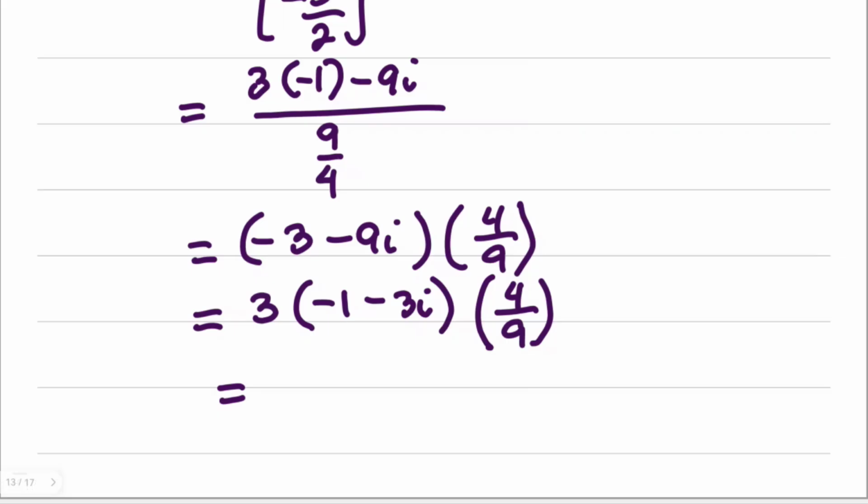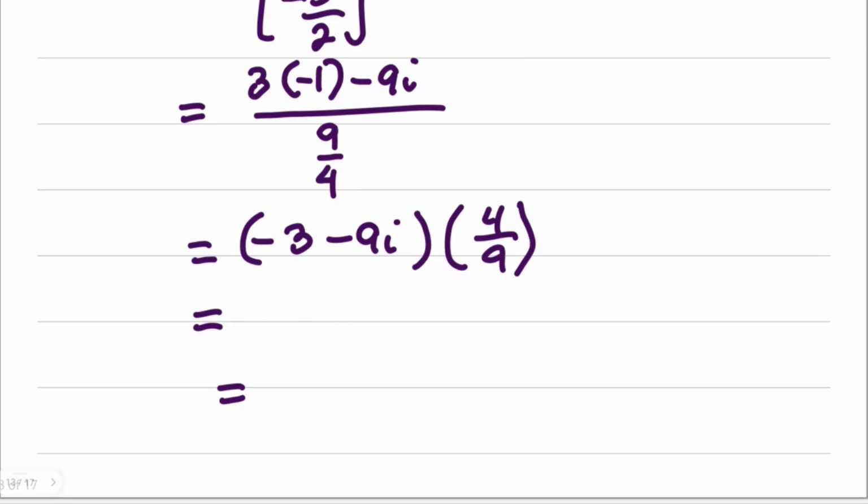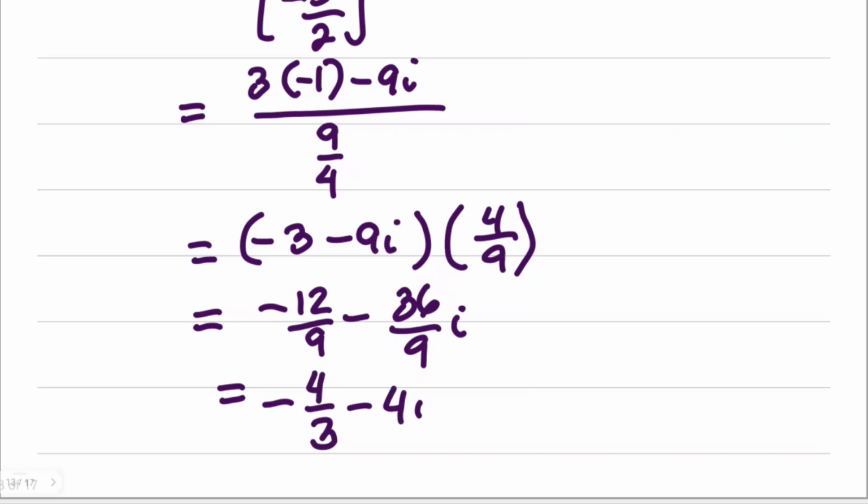At the same time, let's not factor 3. You can of course do that, but allow me to do this so that my steps will not be confusing. So I have here -12/9, and you have minus 36 over 9 i, or again you can cancel that 9, but let me do it step by step. Here you will have your -4/3, and you have your minus 4i.